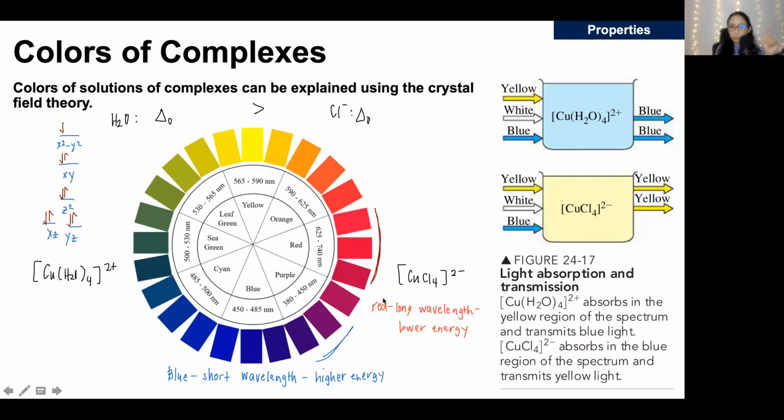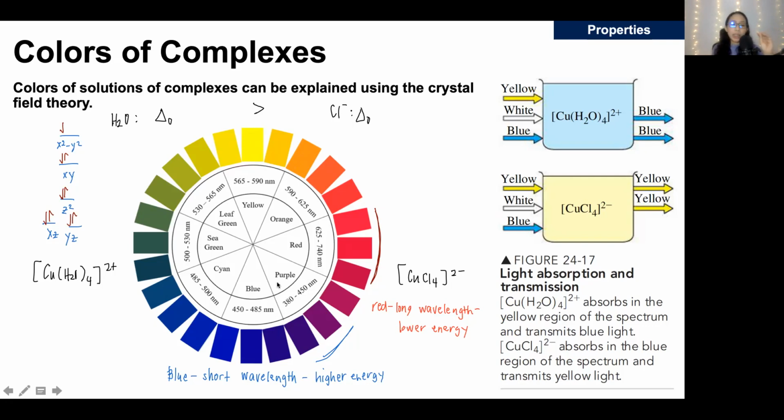So for tetrachlorocuprate(II), it absorbs in the blue, hence it's yellow. So it means there's a higher crystal field splitting in this complex than for water. So it's an exception to the spectrochemical series. Remember, class, for the spectrochemical series, we are only considering the ligands.